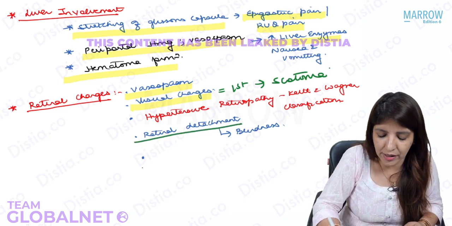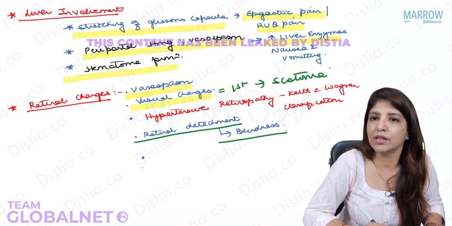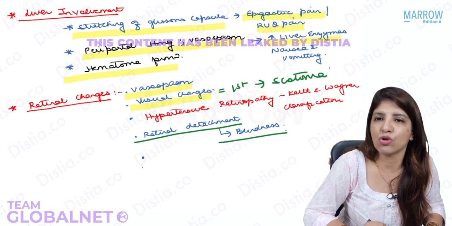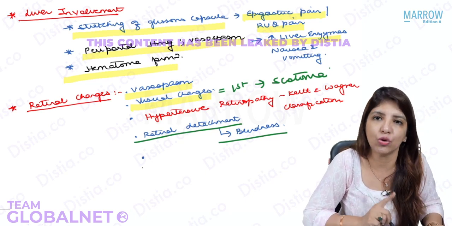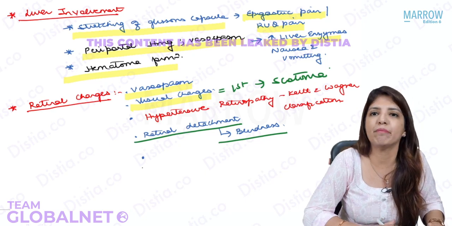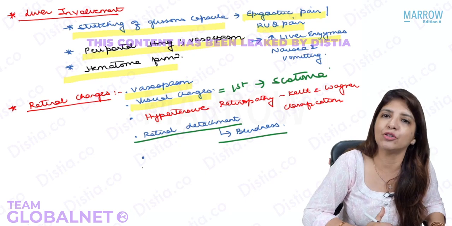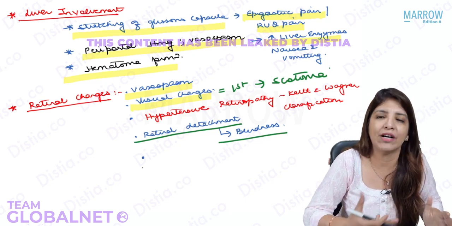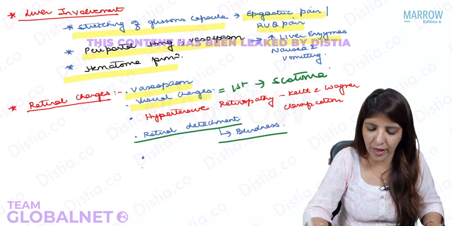Then there can be retinal detachment, which can lead to blindness. More about visual changes I'm going to talk to you when I'm going to talk to you about the fundus examination, that is in video 2. Over here, just remember Keith Wegener classification. Then remember that the first visual change is scotoma, and the first change which you get on fundus examination or ophthalmic examination is vasospasm, right?